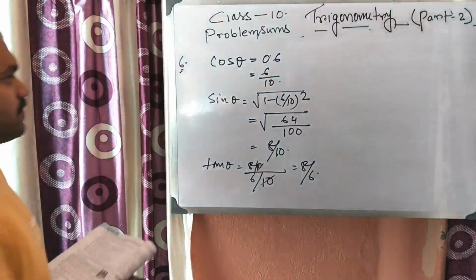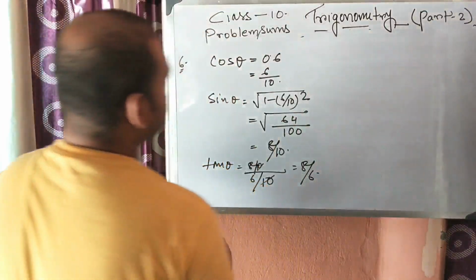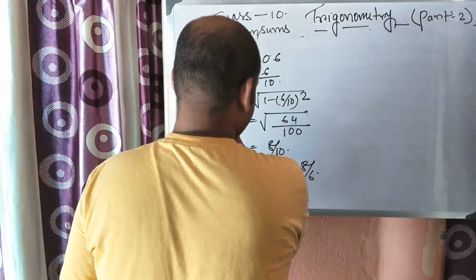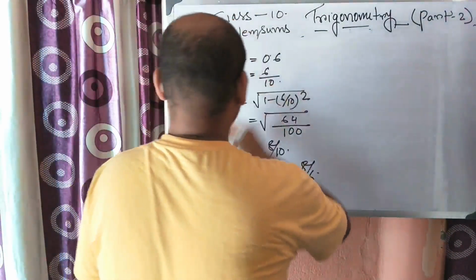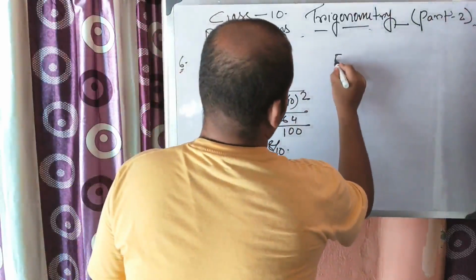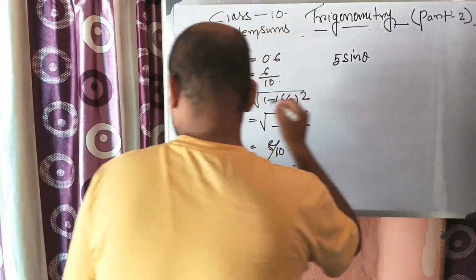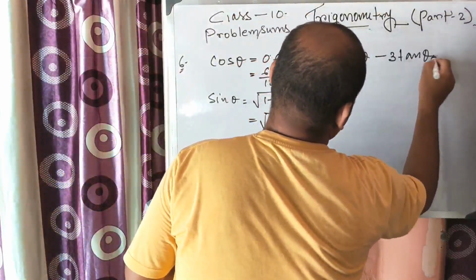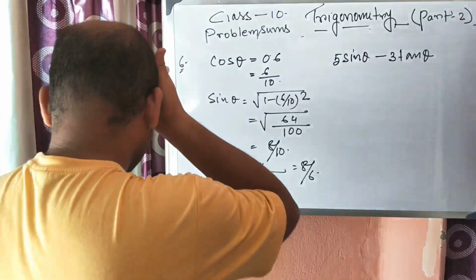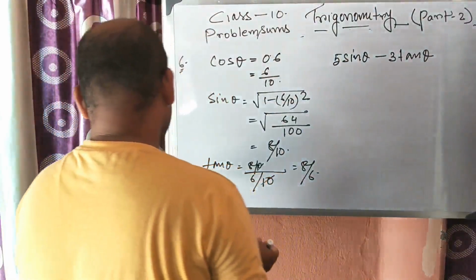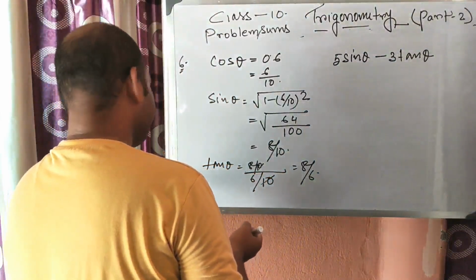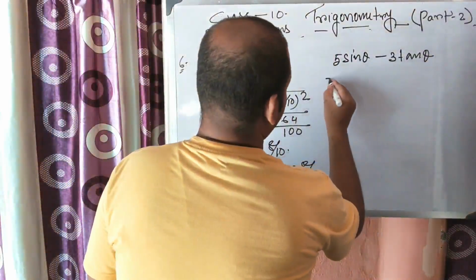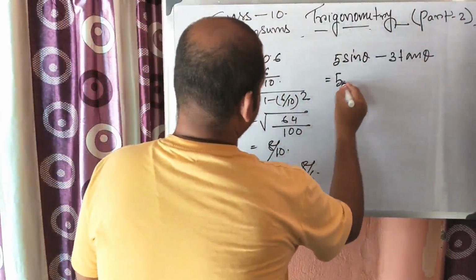Now what is the value of 5 sin theta minus 3 tan theta? How to find that value? We need to find it by just putting in the values of sin theta and tan theta.